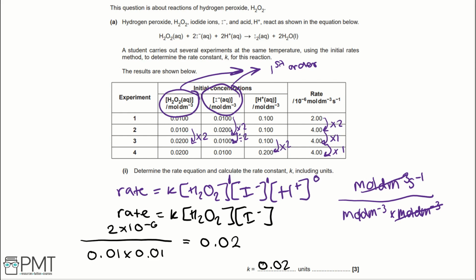Another way of writing that is mol to the -1 dm cubed per second. For this question, you get a mark for the correct rate equation, a mark for the correct K value, and a mark for the correct units.